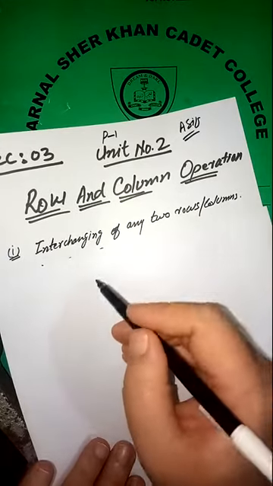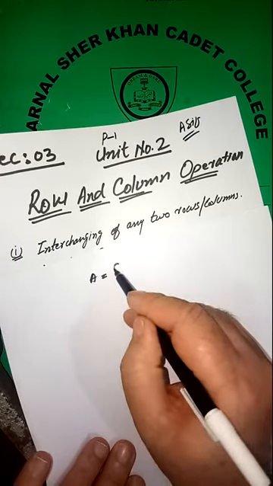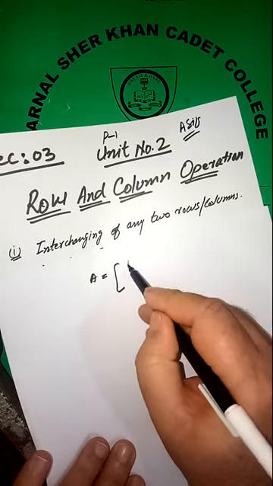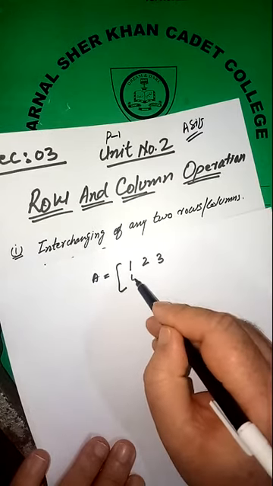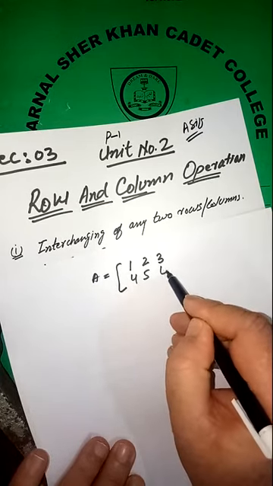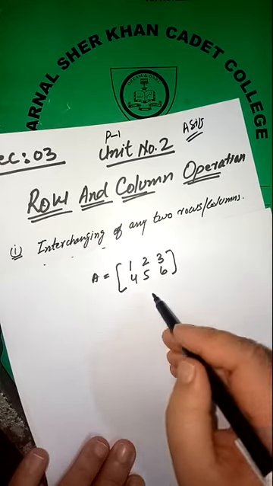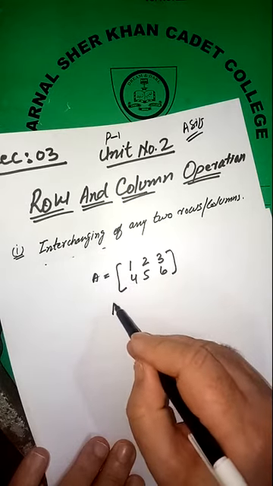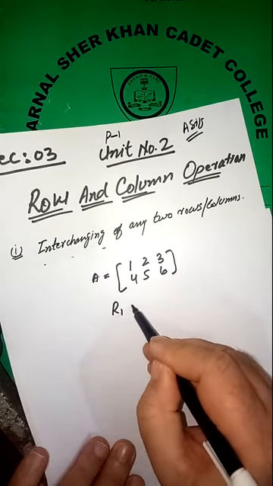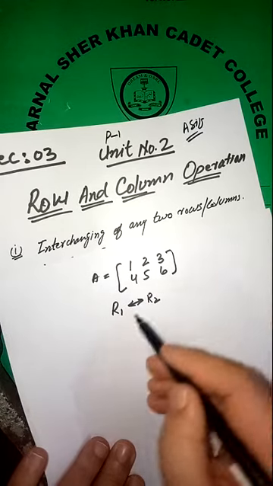For example, if we have a matrix A whose elements are 1, 2, 3, 4, 5 and 6. If we want to change row 1 and row 2, symbolically we write R1 ↔ R2.